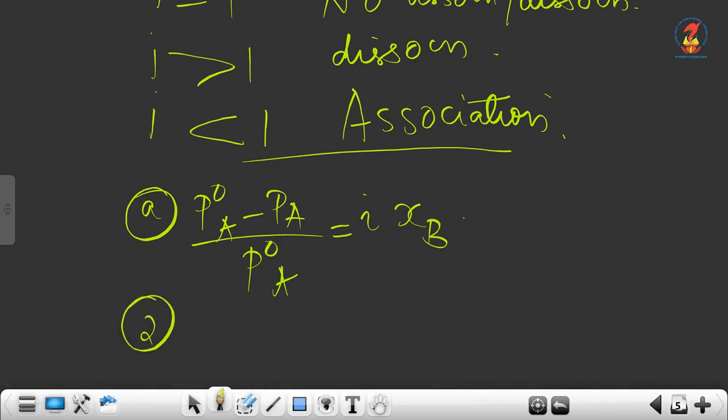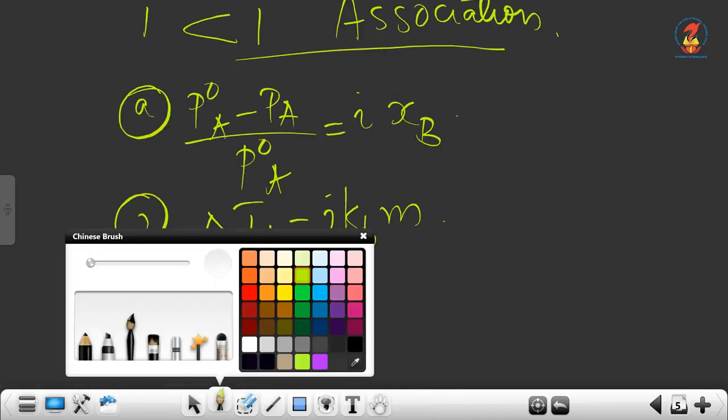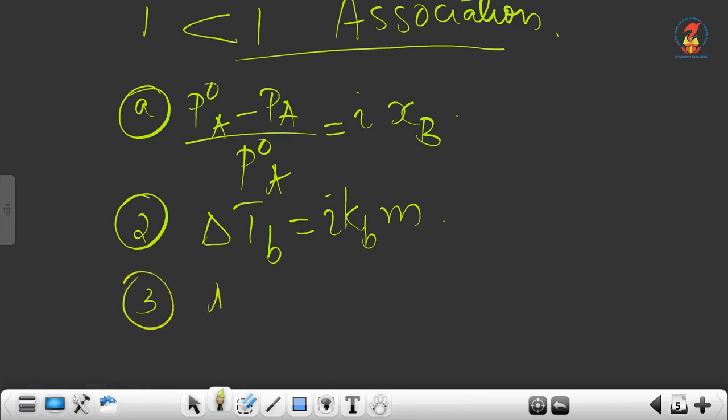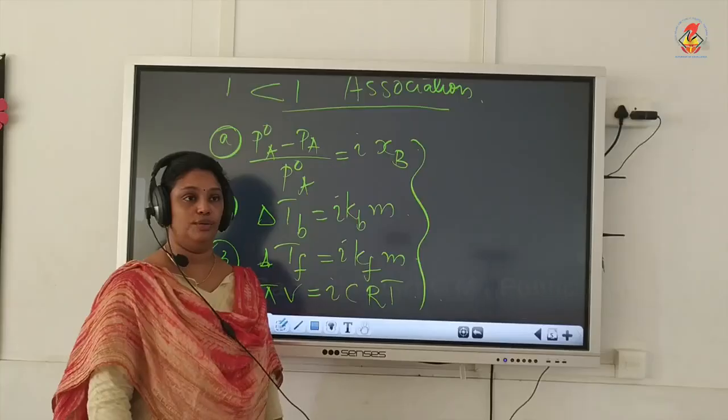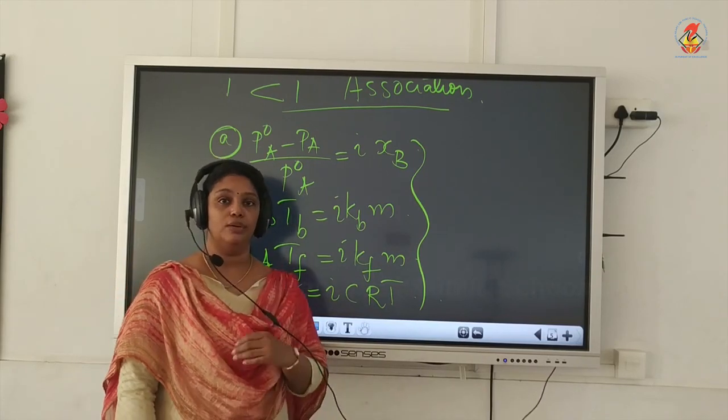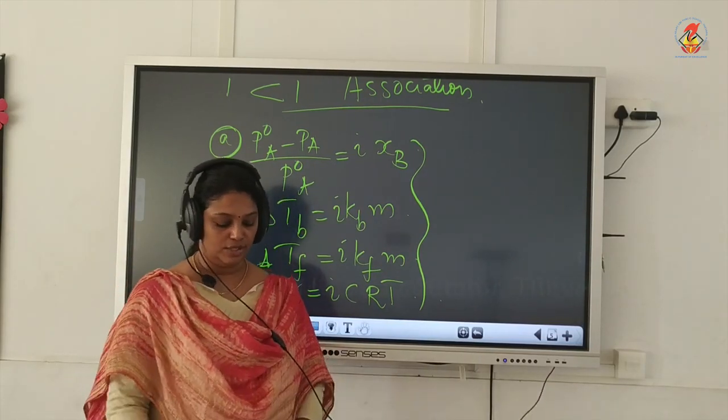The second is delta TB equal to i into KB into small m. The third one is delta TF equal to i into KF into small m, and the last one is osmotic pressure, that is pi V equal to i CRT. So these are the modified expressions when the solute undergoes dissociation or association.